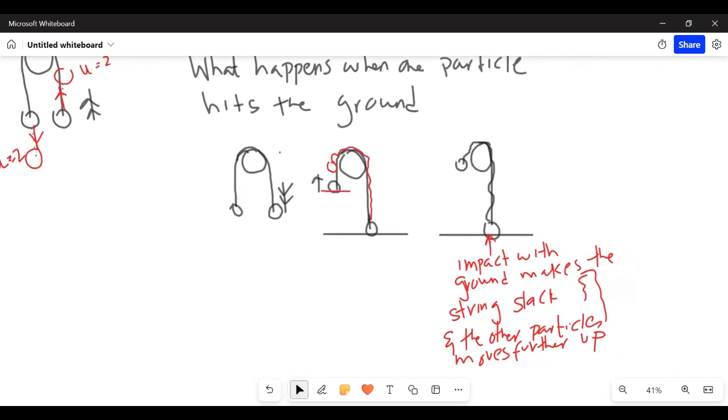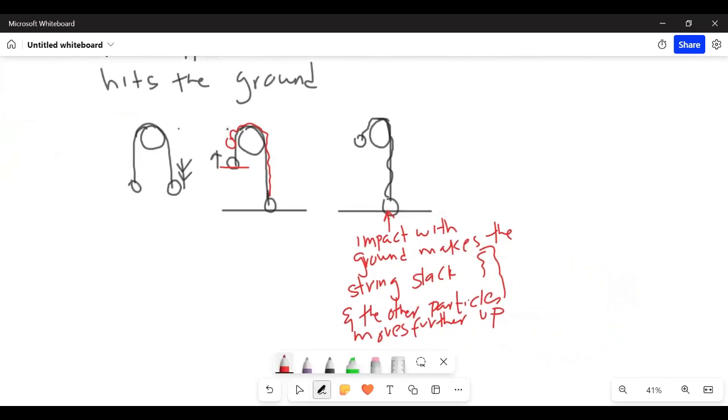Now, when the string is slack, what is going to be the speed of this particle at maximum height? When the second particle reaches its maximum height, after which it begins to fall down again, what is going to be its velocity? We've seen that in vertical motion as well. When you throw an object upwards, what is its highest point velocity? 0.